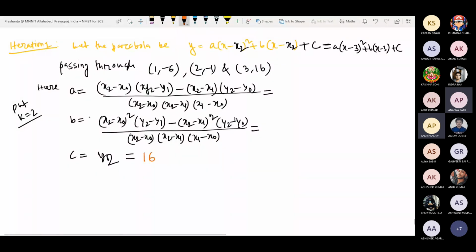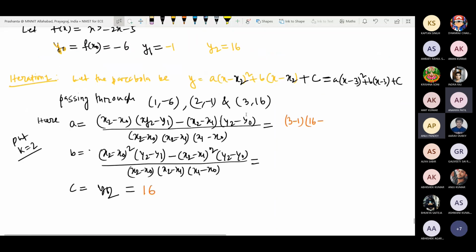So this will be 3 minus 1, x2 minus x0, into y2 minus y1. y2 is 16 minus y1 is minus 1, so minus minus plus 1, minus x2 minus x1, x2 is 3, x1 is 2, into y2 minus y0. y2 is 16 minus 6, minus minus plus 6.